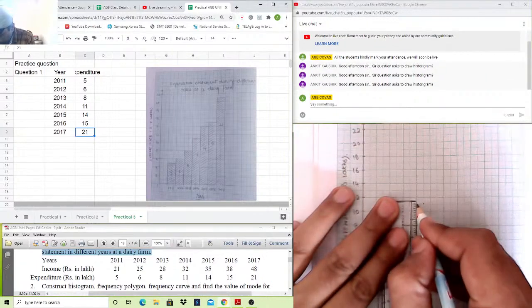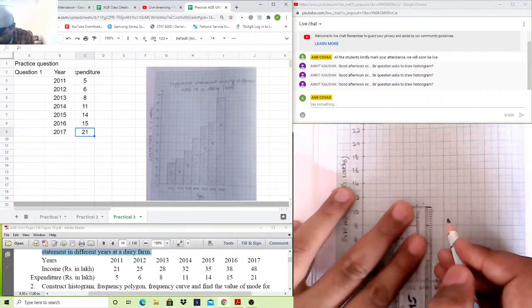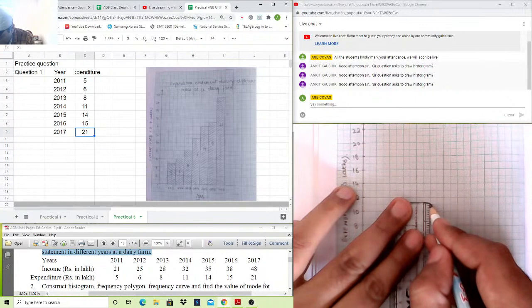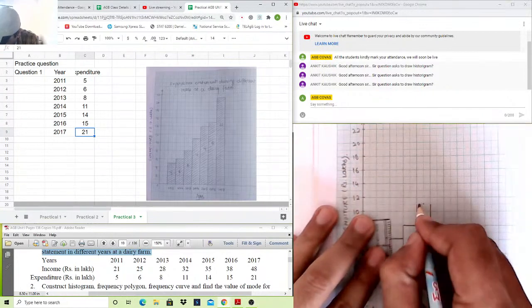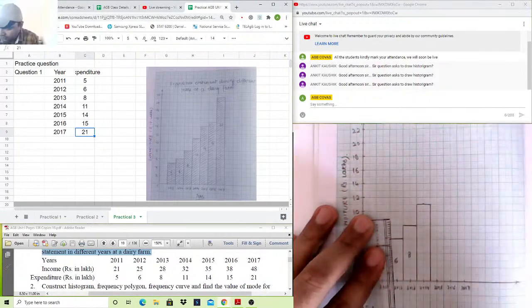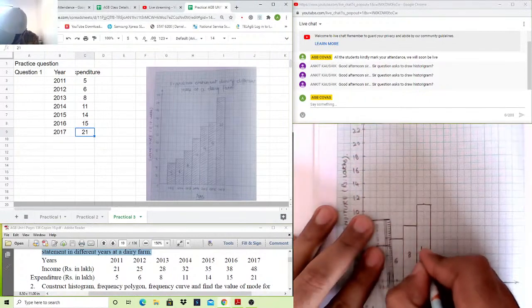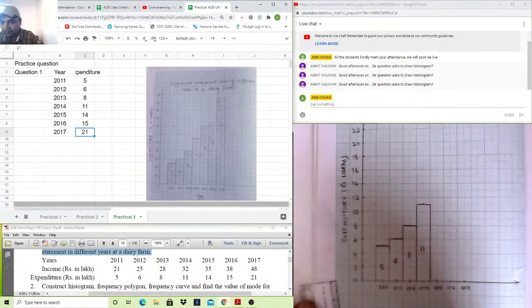To extend it, similarly draw another line, and this will be here at 11. And in 2015 you have 14.